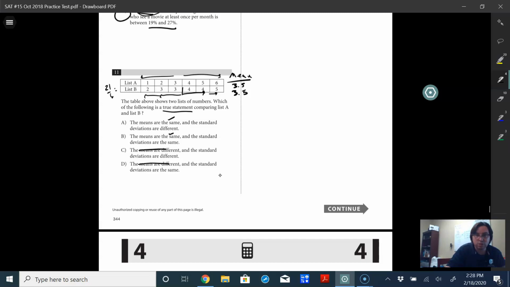So what this is suggesting is that probably for B, the standard deviation, since the values seem to be a little bit more centered around the mean of 3.5, and so you can see it a little bit closer through this area of things. This is going to have a lower standard deviation, while this one seems to keep continually spreading out, so that's going to have a higher one. So we see that A is the answer choice, and B, the standard deviations are not going to be the same.